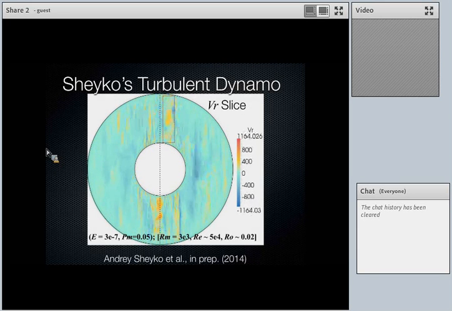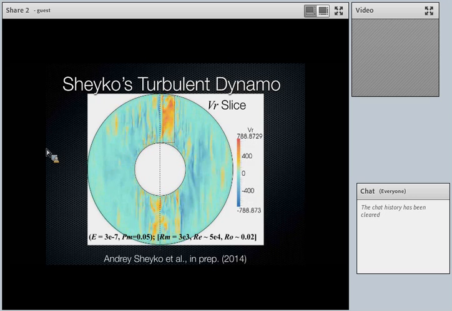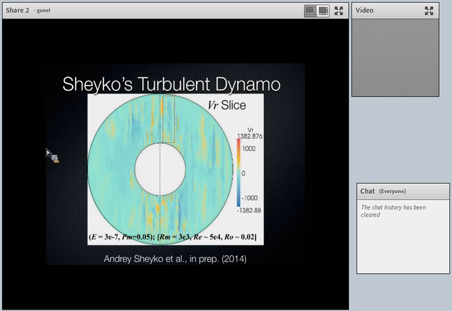And I made a red dashed box inside the northern tangent cylinder, and you'll see every now and then that a large-scale vortex passes through there. And so out of these smaller scale columns emerge some larger scale structures. You'll see some others in other parts of the shell, but I think that's the best example.